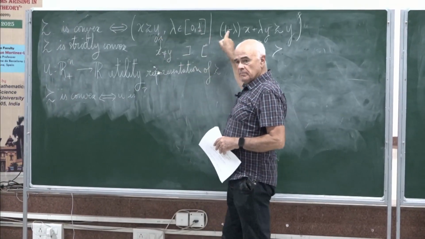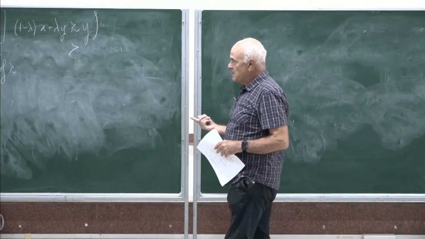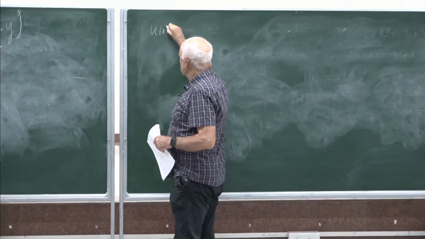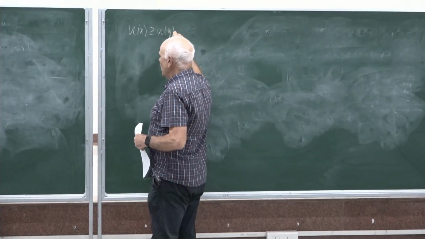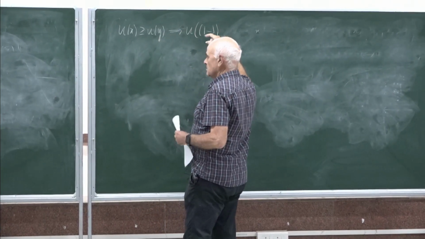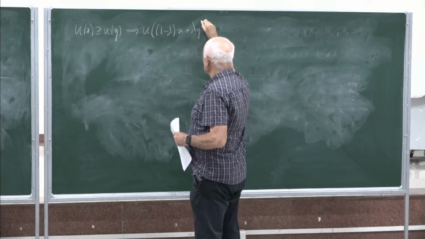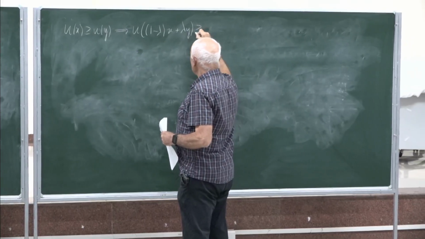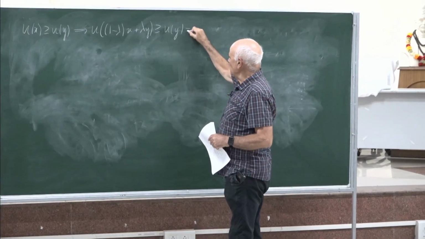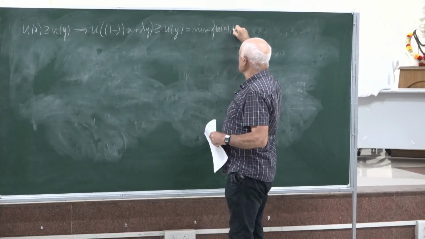This condition, which defines convexity of the preorder, expressed in terms of the utility function, means U of x greater than or equal to U of y implies U of (1 minus lambda) x plus lambda y, with lambda between 0 and 1, is greater than or equal to U of y, which is the minimum of U of x and U of y.